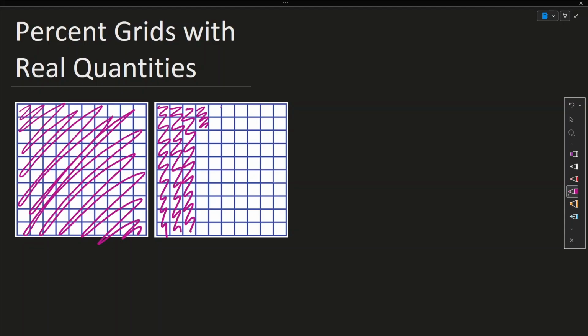Now, let's do a percent greater than 100%. One year, a car dealer sold 1,584 cars, which was 132% of the number sold the previous year. So the shaded region of the percent grids represents 1,584 cars, and the shaded region is 132%.